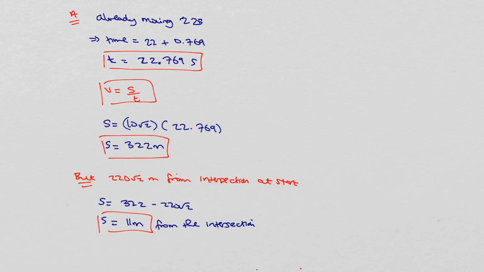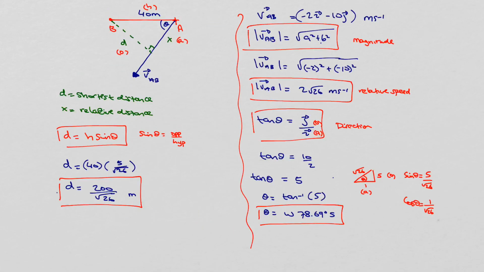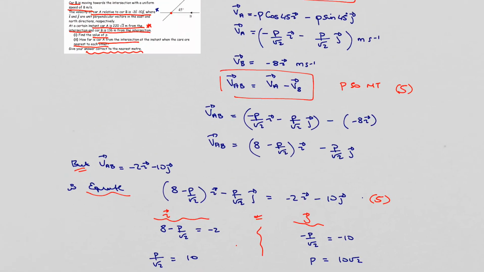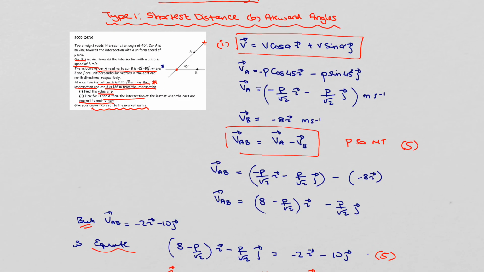And then for getting the 11 metres, we had 5 marks. So there's a bit of work in between there, obviously, to get your magnitude and direction. They weren't actually given marks for magnitude and direction this time, because obviously we had to work out P. So in total, that question was 30 marks. Even though there was a lot of work there, it's all very normal, straightforward work, which was 30 marks. So very nice, again, a 30 mark question. Okay.